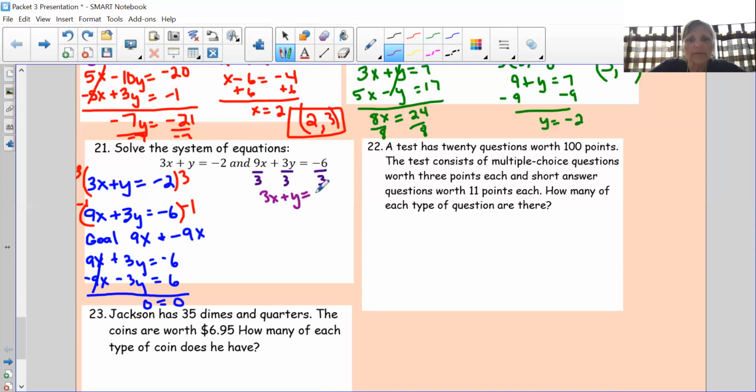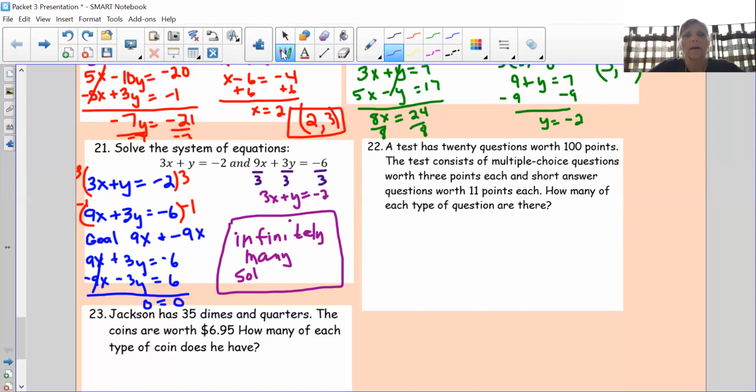And -6 divided by 3 is -2. Do you see it's the same equation? Okay, so I'm going to say there are infinitely many solutions, because they are the same line.